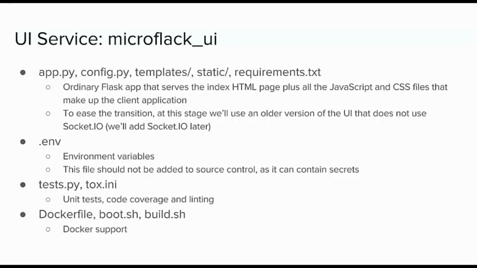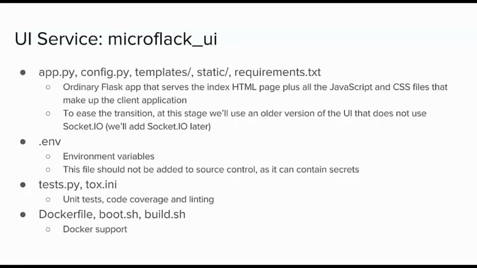So FLASK_APP is set to app.py, and then I can say flask run and never think about it. In all the services, it's the same. So that's one big reason why I decided to not call it UI.py. Then I needed to change the configuration, the environment variable, depending on which service I'm working on. But as I said, I don't want to be a model. I don't think you should do this if you don't like it.